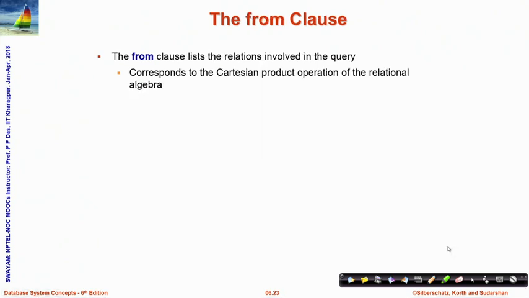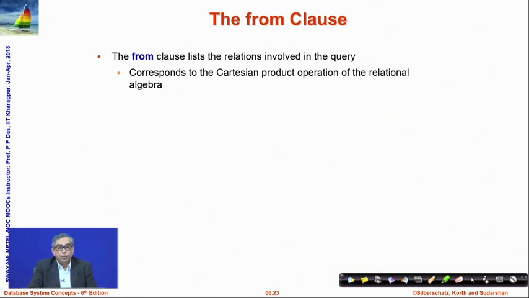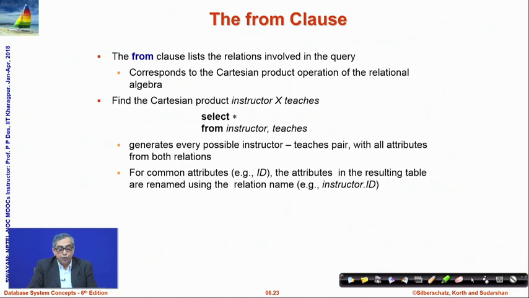Finally, the from clause sets all the different relations from where you are actually looking for the records. So, it kind of corresponds to the Cartesian product of the relational algebra. So, if we want to compute instructor Cartesian product teaches, then we can say select star from instructor comma teaches.